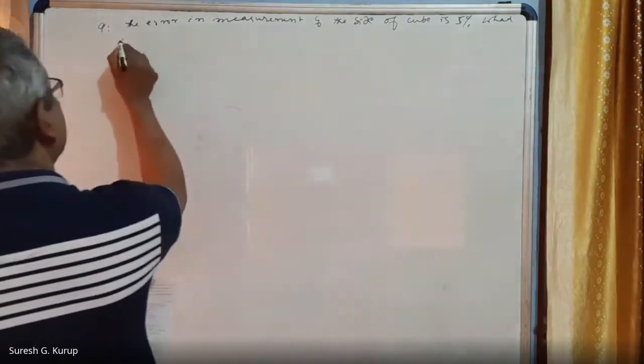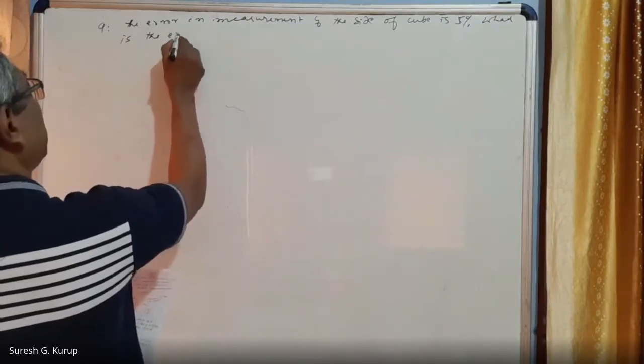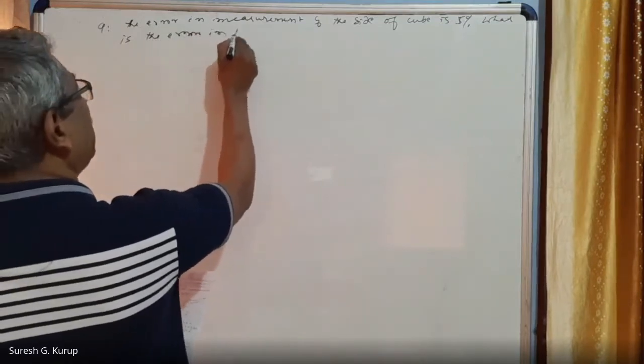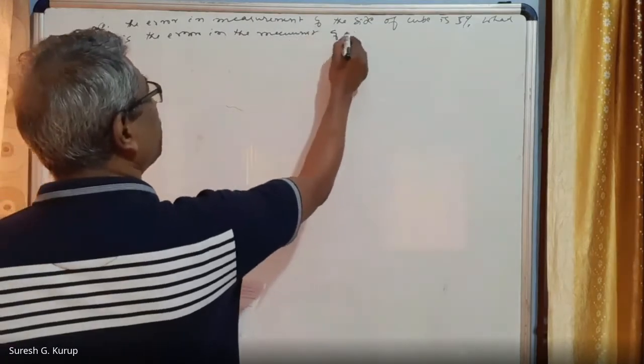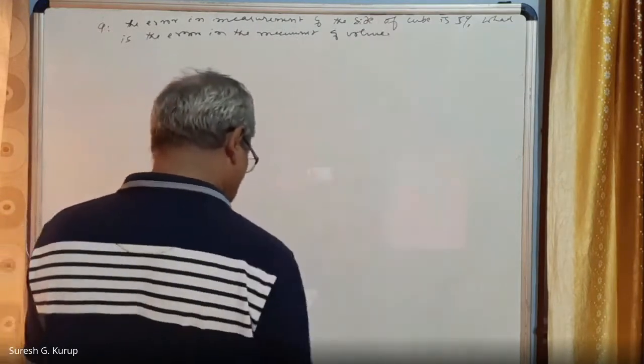What is the error in the measurement of volume? What is the error in the measurement of volume?